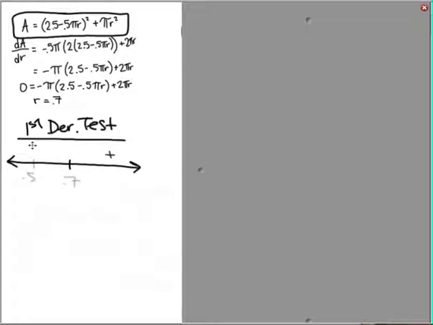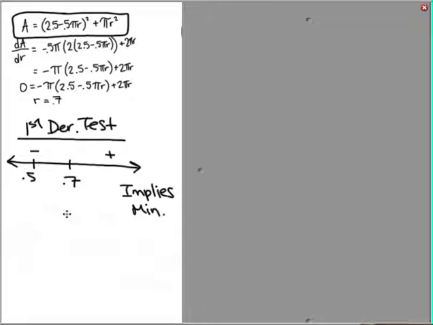If I make a number line and plug in 0.5, which is before 0.7, and 1, which is after 0.7, my number line is telling me that my function is decreasing before I get to 0.7 and increasing afterwards. This implies that it's actually a minimum, not a maximum, and we're trying to maximize area.